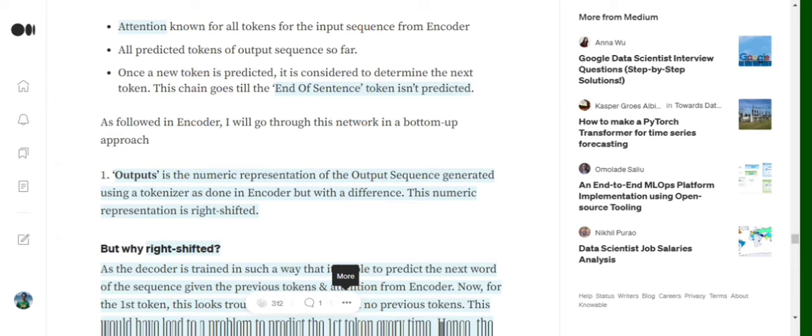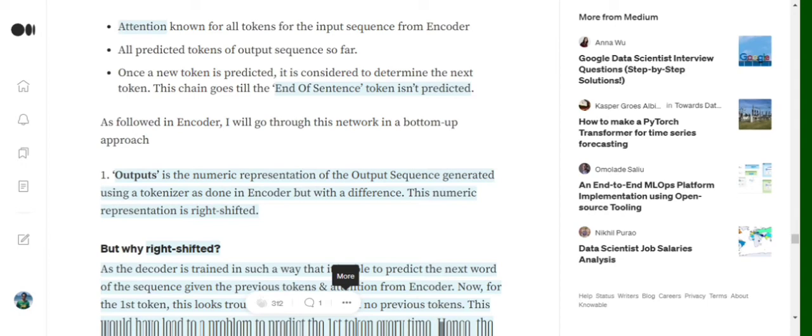While predicting the first token, as I told you earlier, in the decoder we need two things: attention from the encoder as well as the previously predicted tokens. Now in case of the first token, there is no previous token to use. So we are assuming the outputs are padded with two tokens, beginning of sentence and end of sentence.